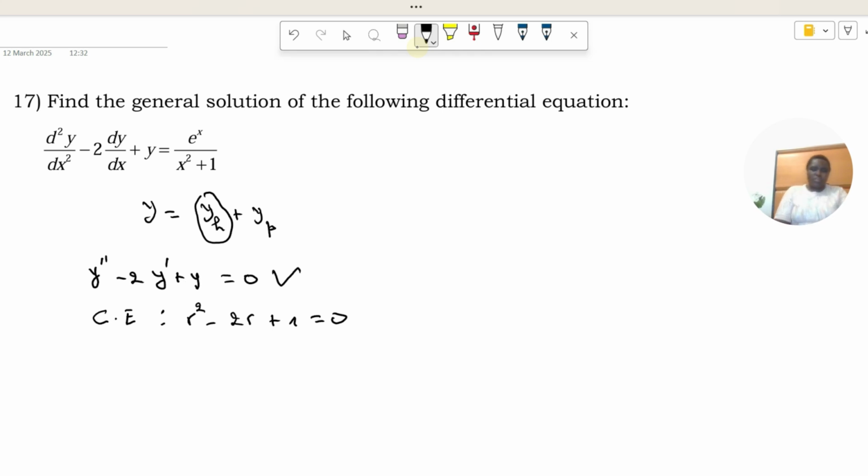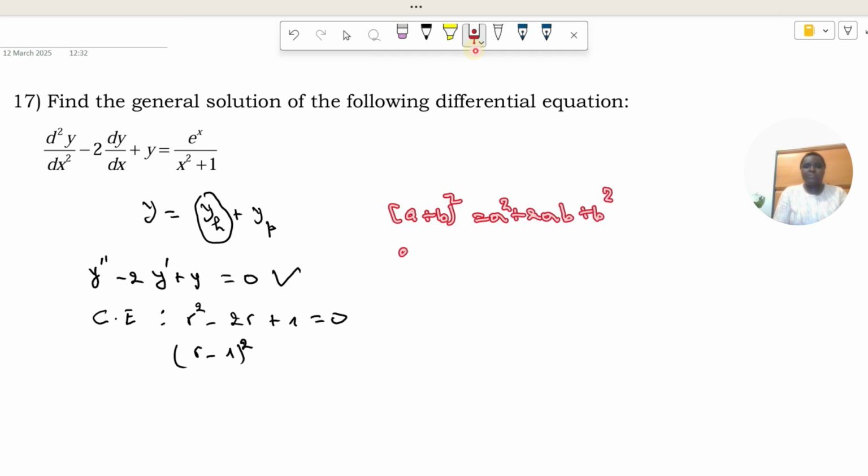So this characteristic equation can be written as (r minus 1) squared. This is from the fact that I think you remember that (a plus b) squared is equal to a squared plus 2ab plus b squared.